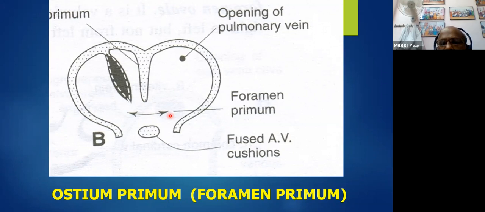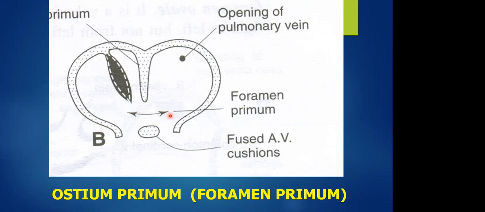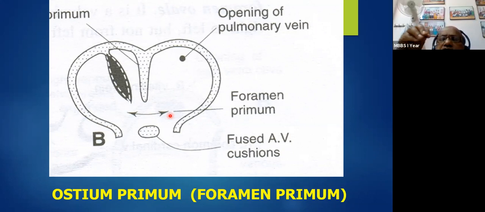Both are the same. In other books it is given as ostium primum, while in Langman's embryology it is given as foramen primum. All are the same. Ostium means opening. Any ostium you already studied in the heart? Ostium primum and ostium secundum, in embryology we are learning now.